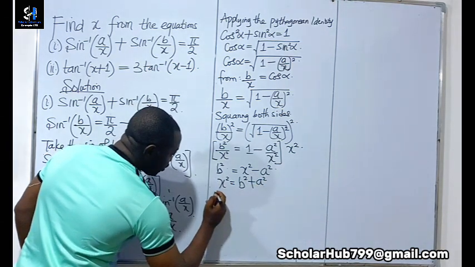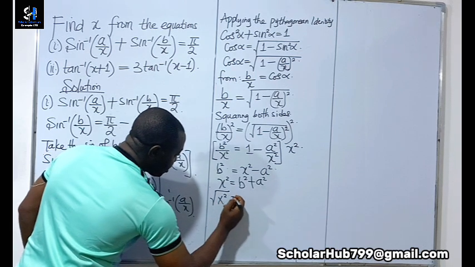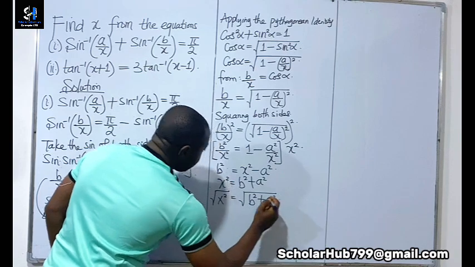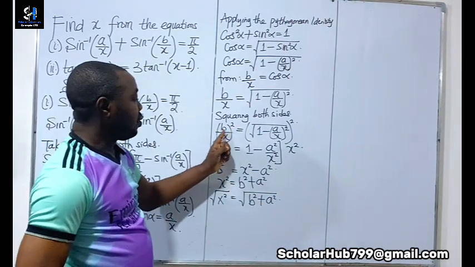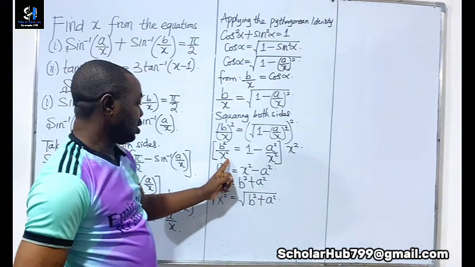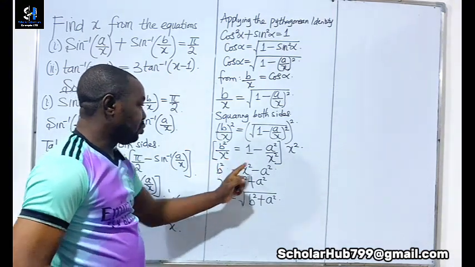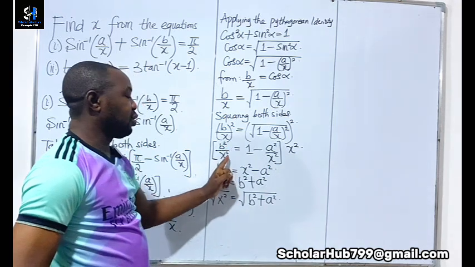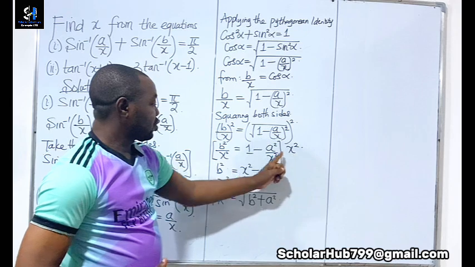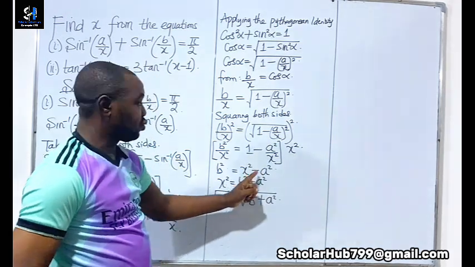And then if you take the square root of both sides, you can see we have the square of b over x, so this will be b squared over x squared. That's why this will be b squared, because x squared multiplied by b squared over x squared will be b squared. Then x squared multiplied by 1 will be x squared.